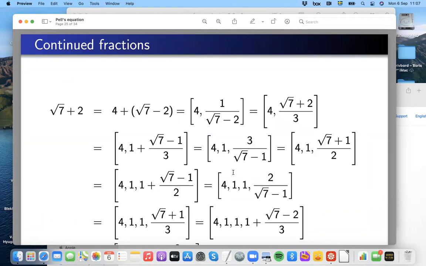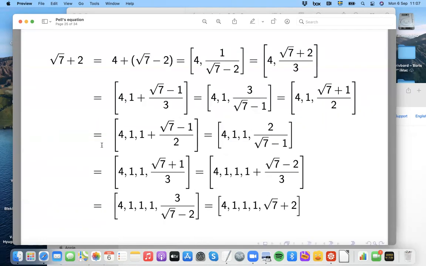And this is an example. If we take d equals 7, then its square root would be a little bit bigger than 2. The integer part of the square root would be 2 plus this thing. If we run this procedure, we'll be getting 4 and then 1s.